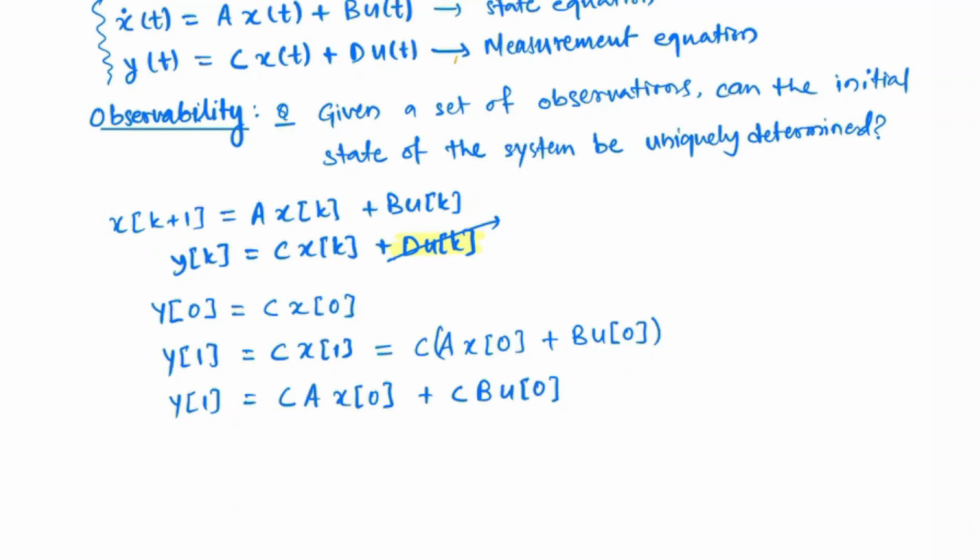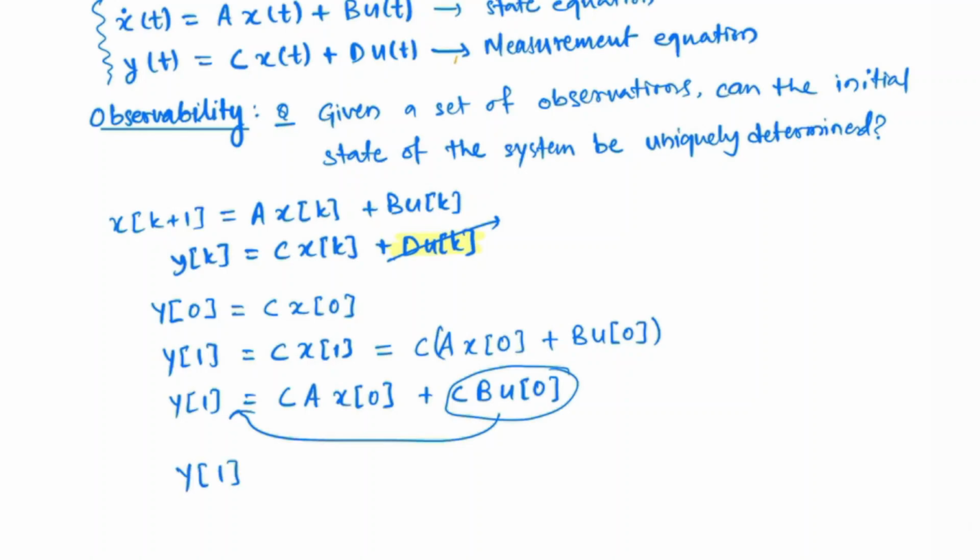Since the input was given by you, you know what the input is, and you have knowledge of B and C, which is your input and measurement matrix. You can take this term and subtract here.